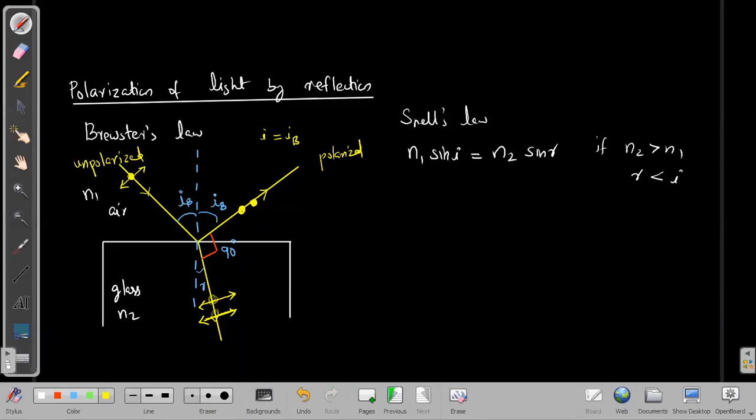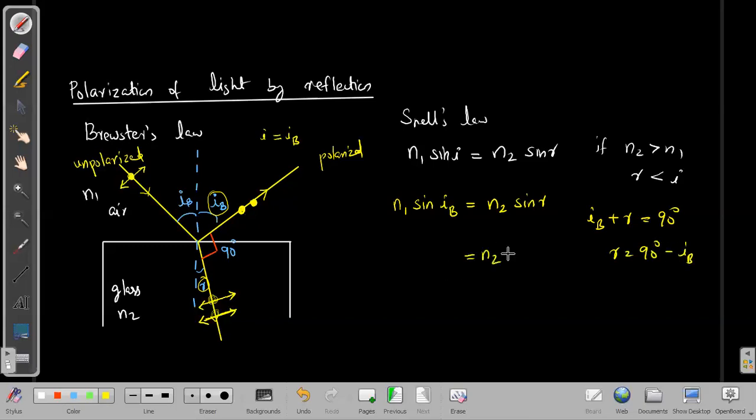We can use Snell's law: N1 sin IB equals N2 sin R. IB plus R must be equal to 90 degrees, because the angle between the refracted ray and the reflected ray is 90. So R is 90 minus IB.